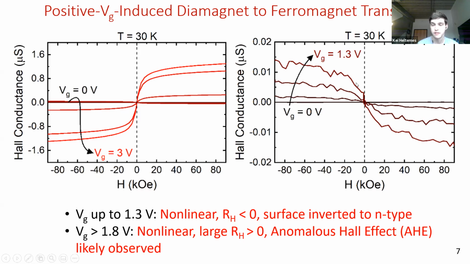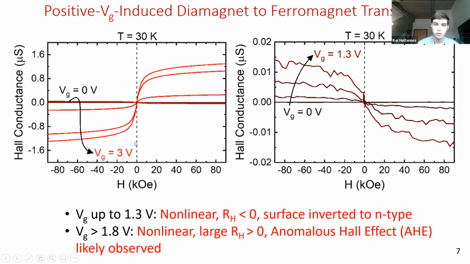But overall, this is likely a generally ordinary Hall effect signal. And it's negative because upon application of voltage, we're causing the surface state to become N-type. So we're seeing negative carriers. And then we see Vg equals 0 here. That's giving us an approximately 0 Hall conductance because the surface state has very low mobility at that applied voltage.